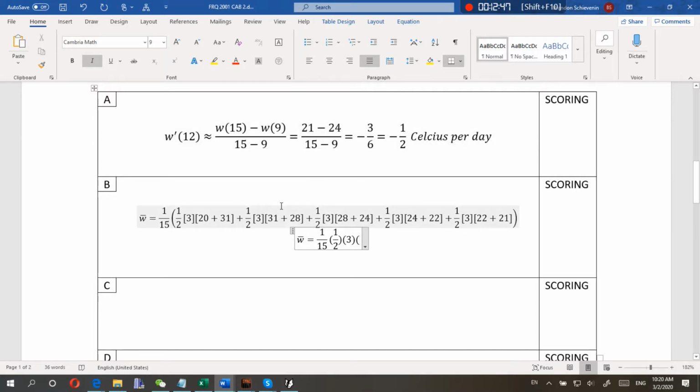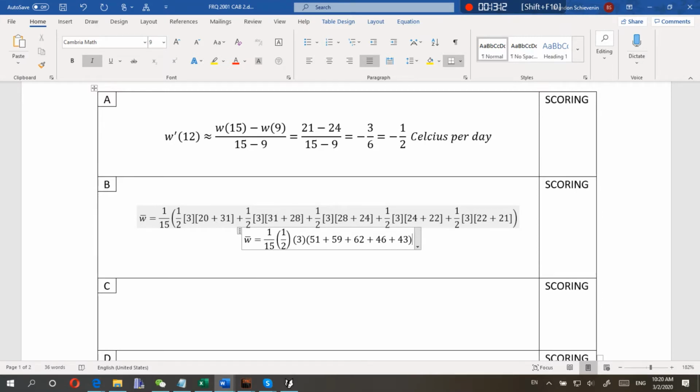So this is 20 plus 31 is 51. Plus 31 plus 28 is 59. Plus 28 plus 24 is 62. Plus 24 plus 22 is 46. Plus 22 plus 21 is 43.